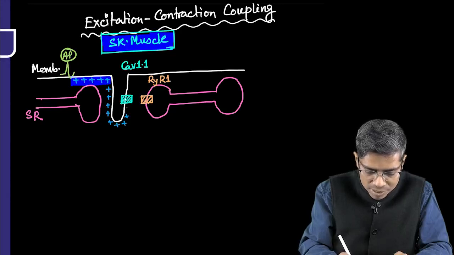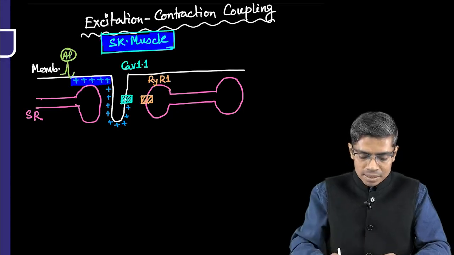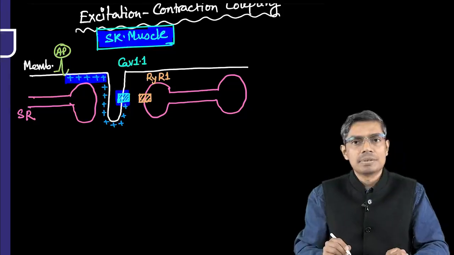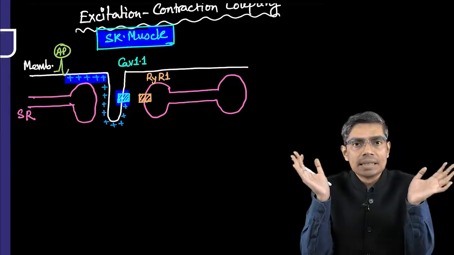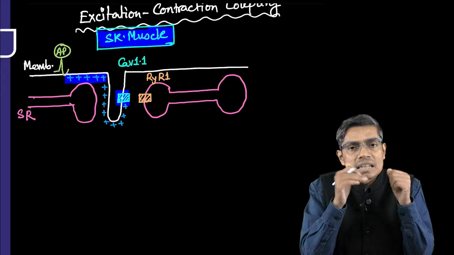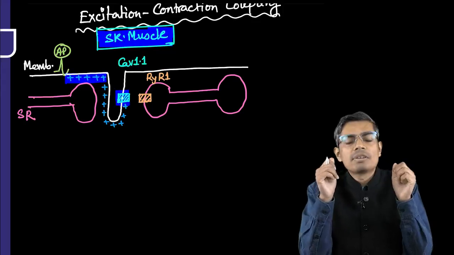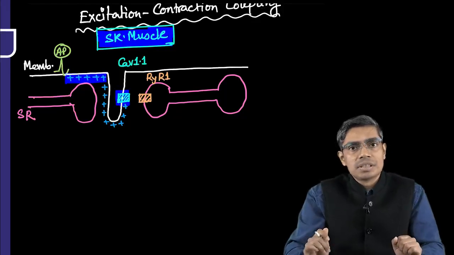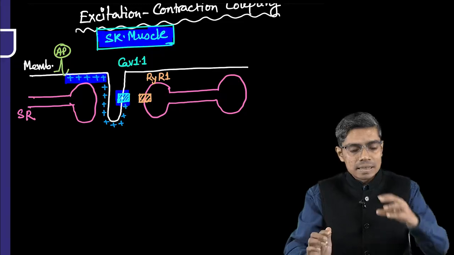Whenever the T tubule is depolarized, the DHPR channel which is present on these T tubules is going to be activated, right? So whenever there is activation of this DHPR channel, what will happen? The DHPR will change its conformation. What I'm saying?